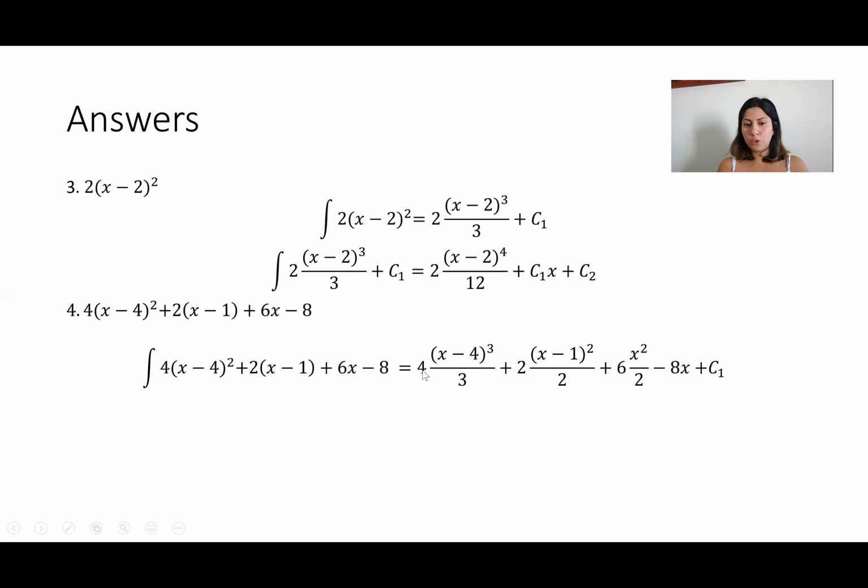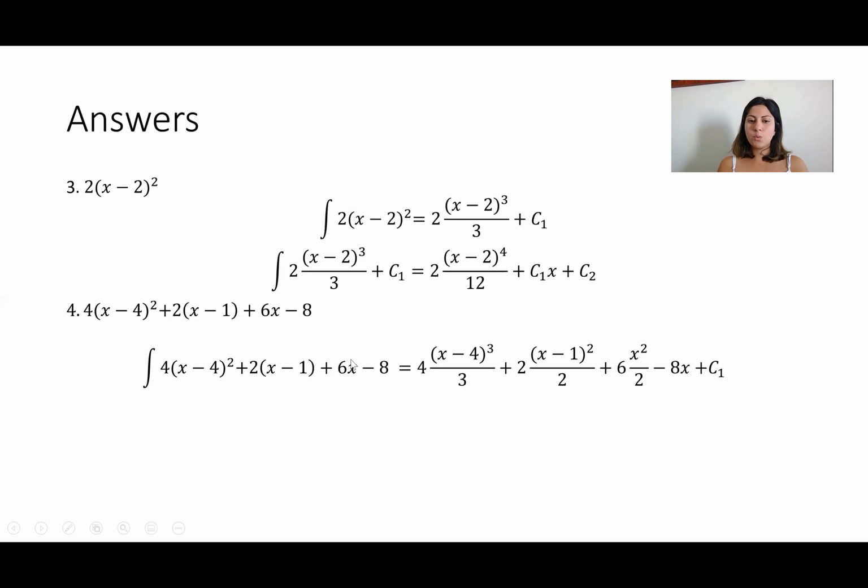So that would give you 4 times x minus 4 cubed divided by 3. And the next term would be 2 times x minus 1, so it turns to 2 times x minus 1 as a package, squared divided by 2.